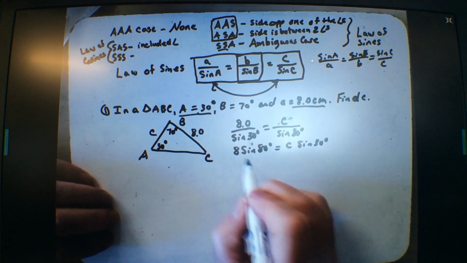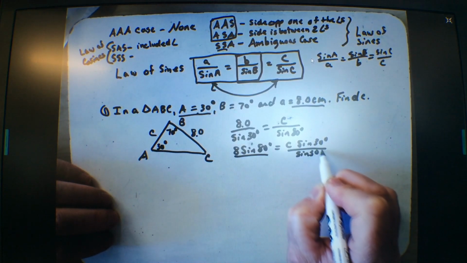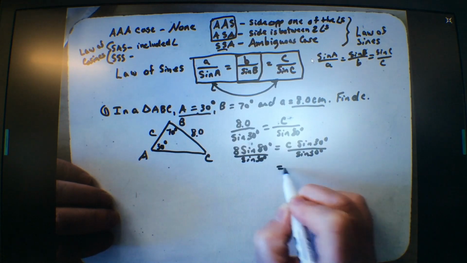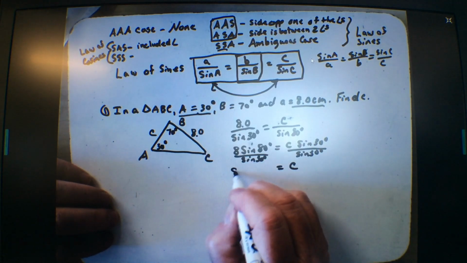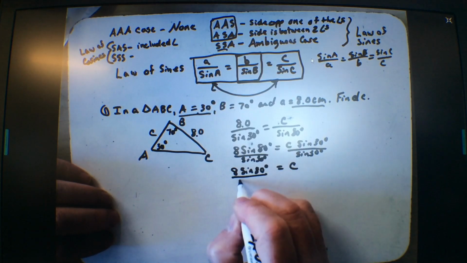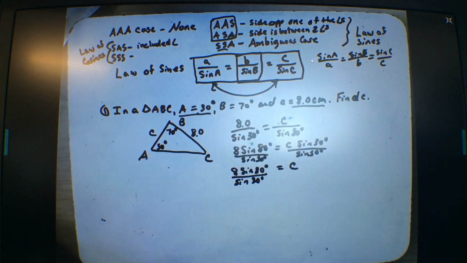Correct? Then I divide both sides by the sine of 30 degrees. And I get c equals 8 sine of 80 degrees all over the sine of 30 degrees. Okay?